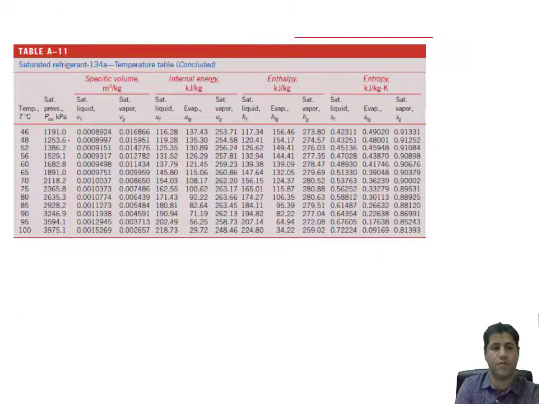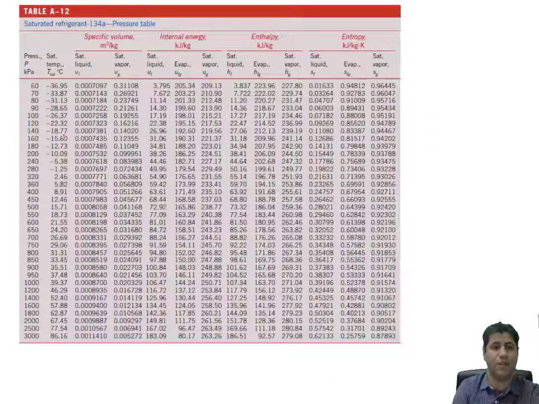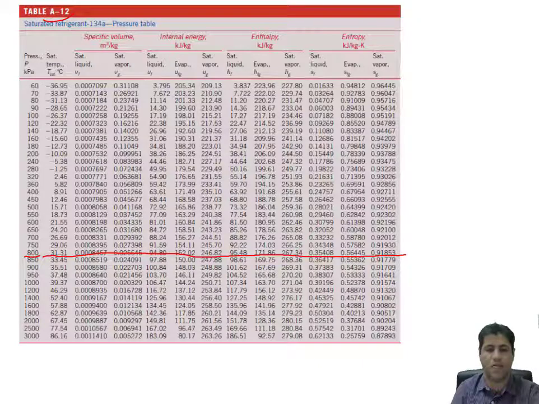We need to come to table A-12, and the pressure we have here is 800 kilopascal, or 0.80 megapascal, and you can see we have enthalpy for different states. These three are enthalpies.